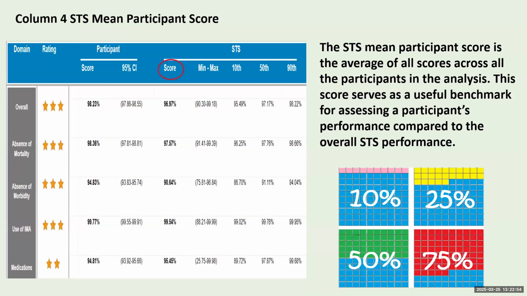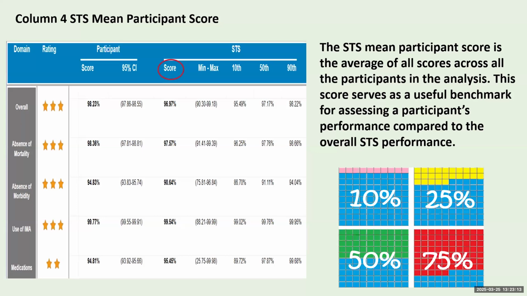For this site, looking at medications, we're 95% confident that it's going to fall between 93.92 and 95.66. So we're going to give this site a score of 94.81. That's what the risk model is calculating. So that's your confidence interval.